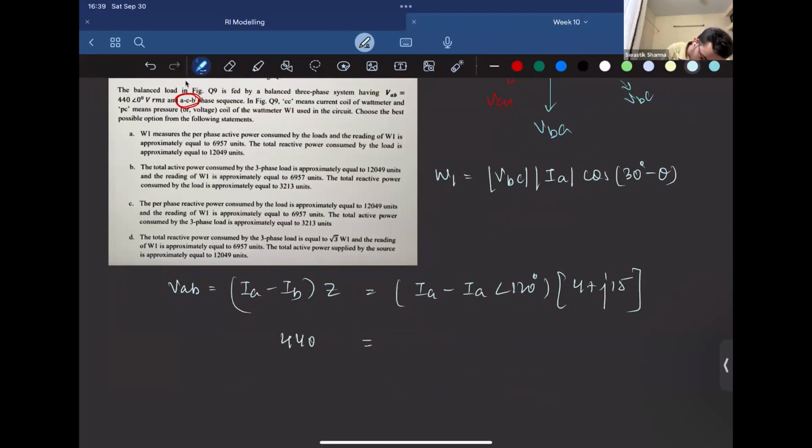VAB is 440 at an angle 0. So this would be root 3 times IA.